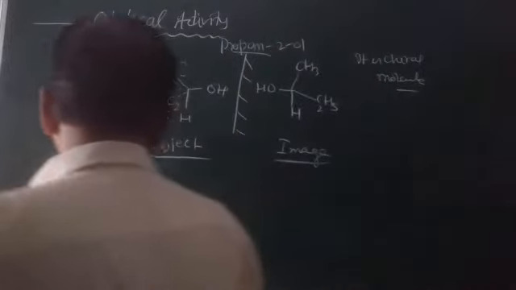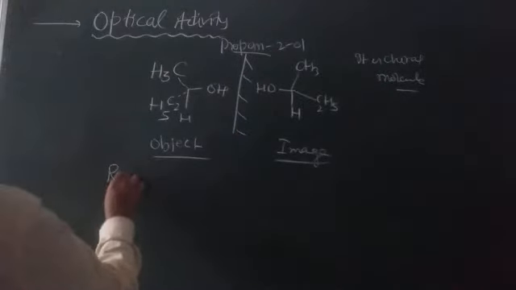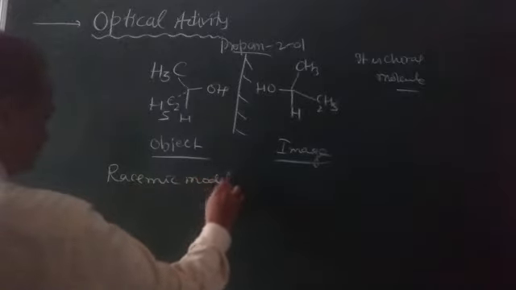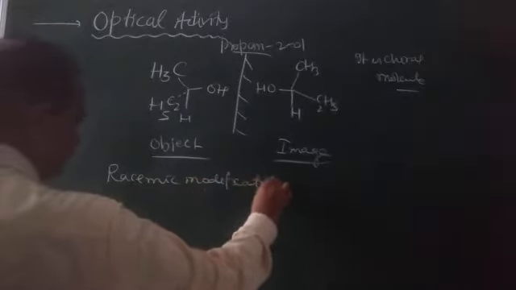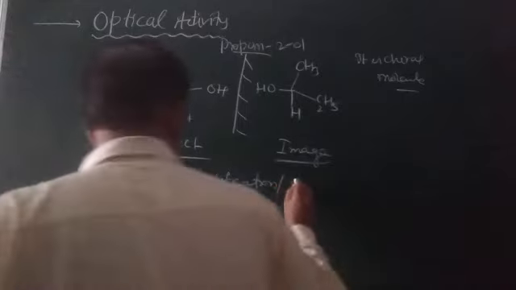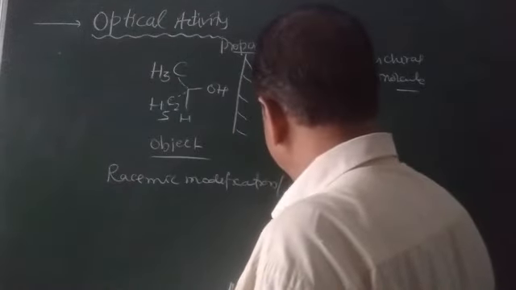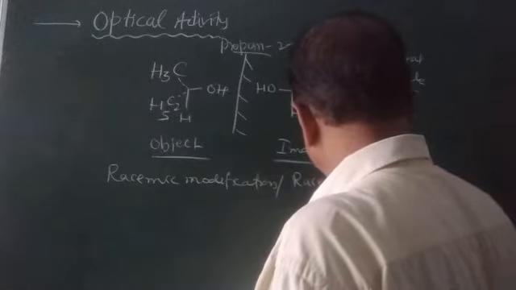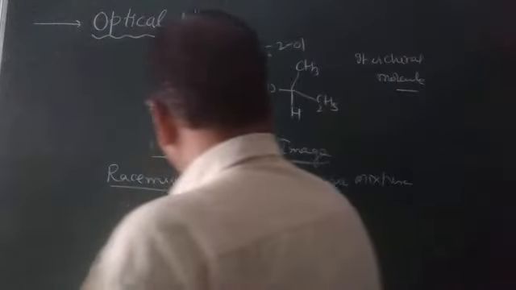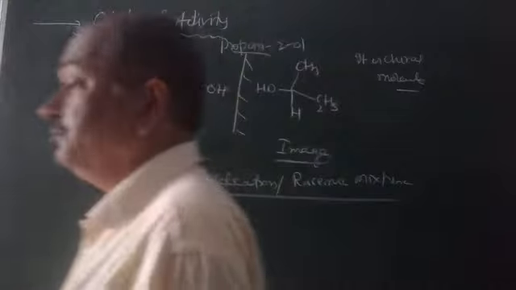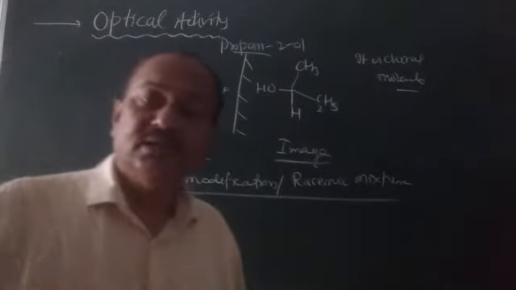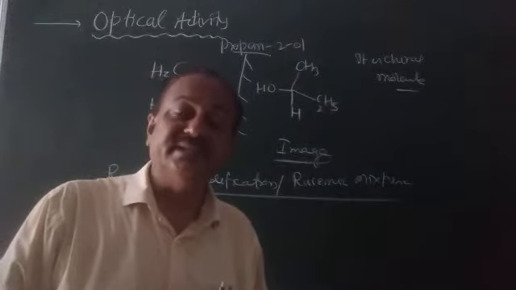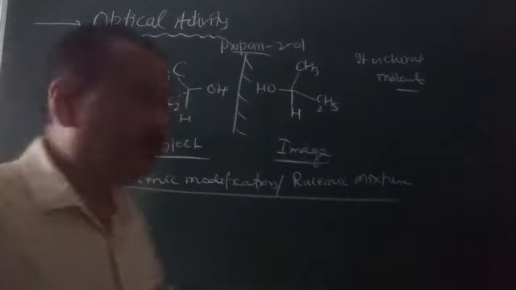Now next is racemic modification or racemic mixture. Very simple. When the two enantiomers, that is D and L form, are in equal quantity.